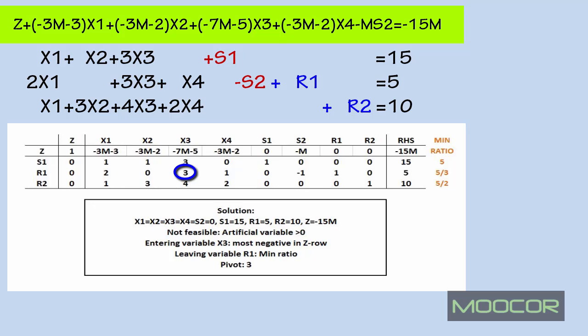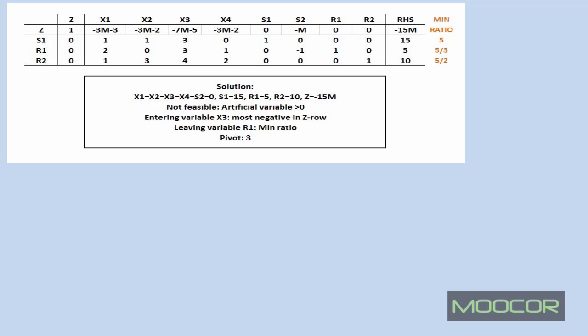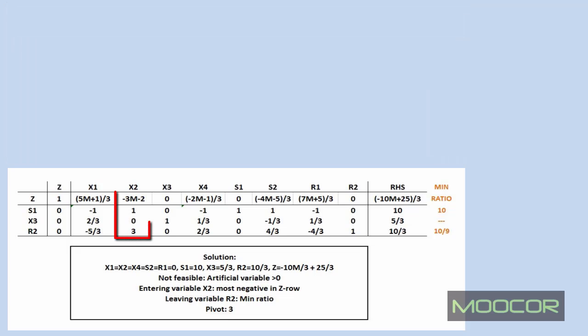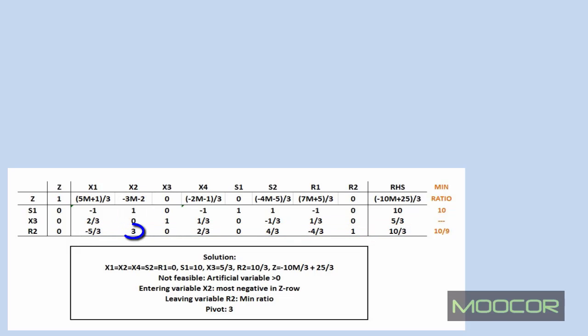If we perform the operation, our new tableau will indicate that the solution of S1, X3, and R2 is still not feasible because of the presence of R2 in the solution with a positive value. So I will perform another iteration, and in this case R2 happens to be leaving the basis.